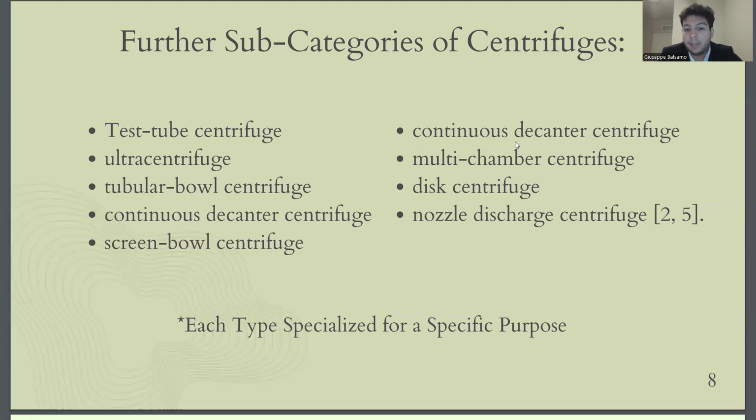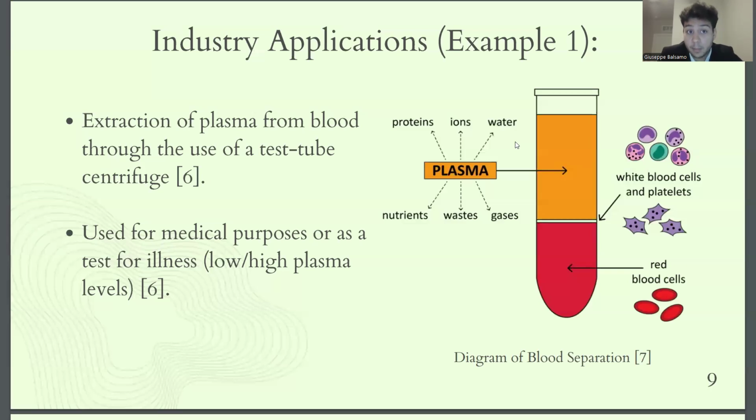Decanter centrifuges manage large volumes of suspended solids, and ultra centrifuges isolate biomolecules and nanoparticles with precision. Again, depending on what you're expecting to extract from a substance, you might have to use a specific type of centrifuge to achieve your desired result. Now, in continuation, we'll talk about some examples in regards to centrifugation.